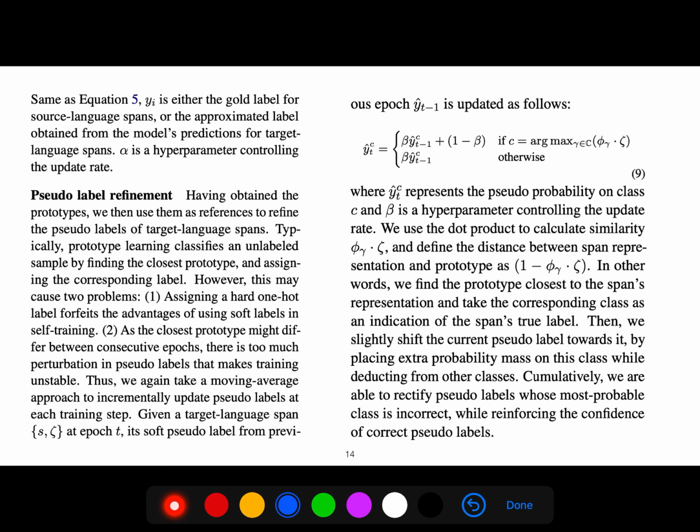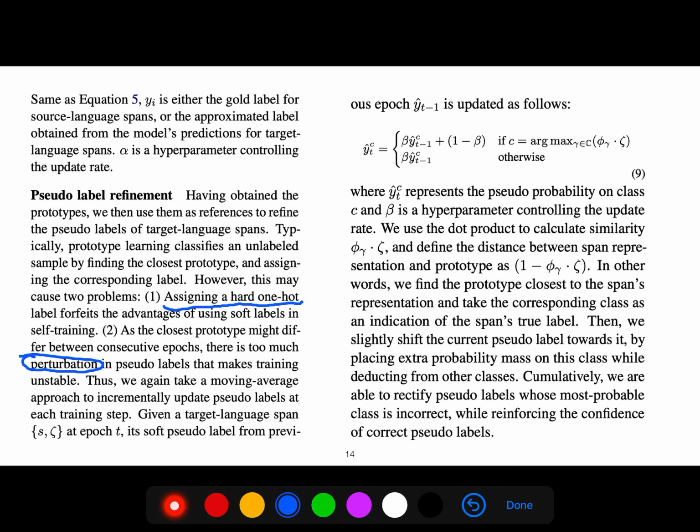And then we do pseudo label refinement. Typically, prototype learning classifies an unlabeled sample by finding the closest prototype and assigning the corresponding label. However, this may cause two problems. Assigning hard labels forfeits the advantages of using soft labels in self-training, and as the closest prototype might differ between consecutive epochs, there is too much perturbation in pseudo labels that makes training unstable.